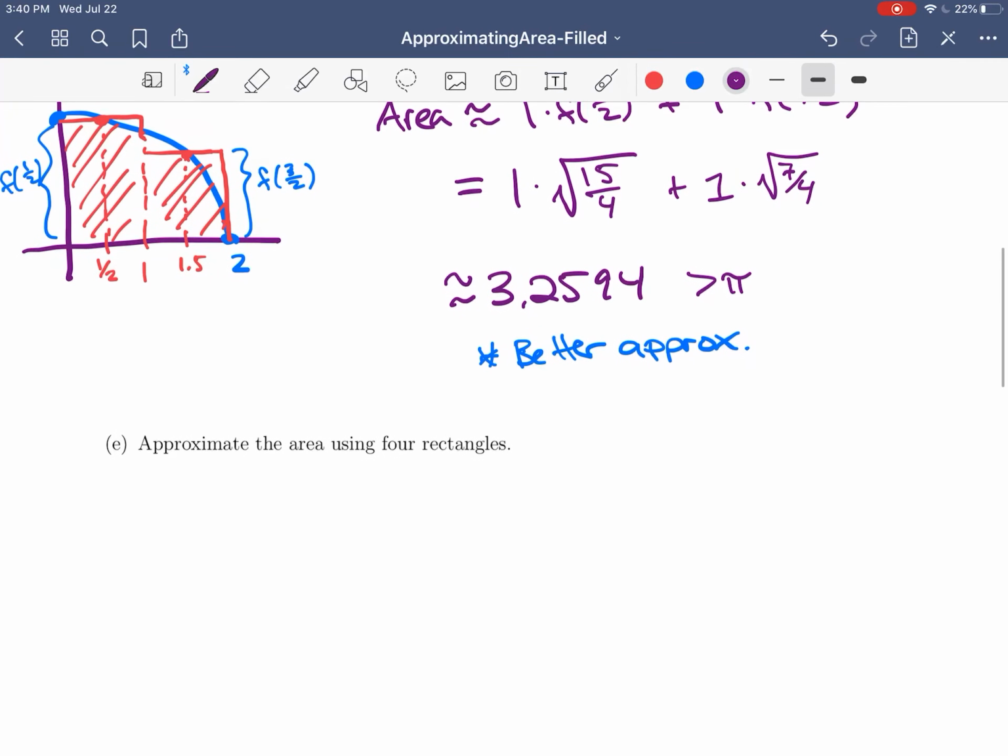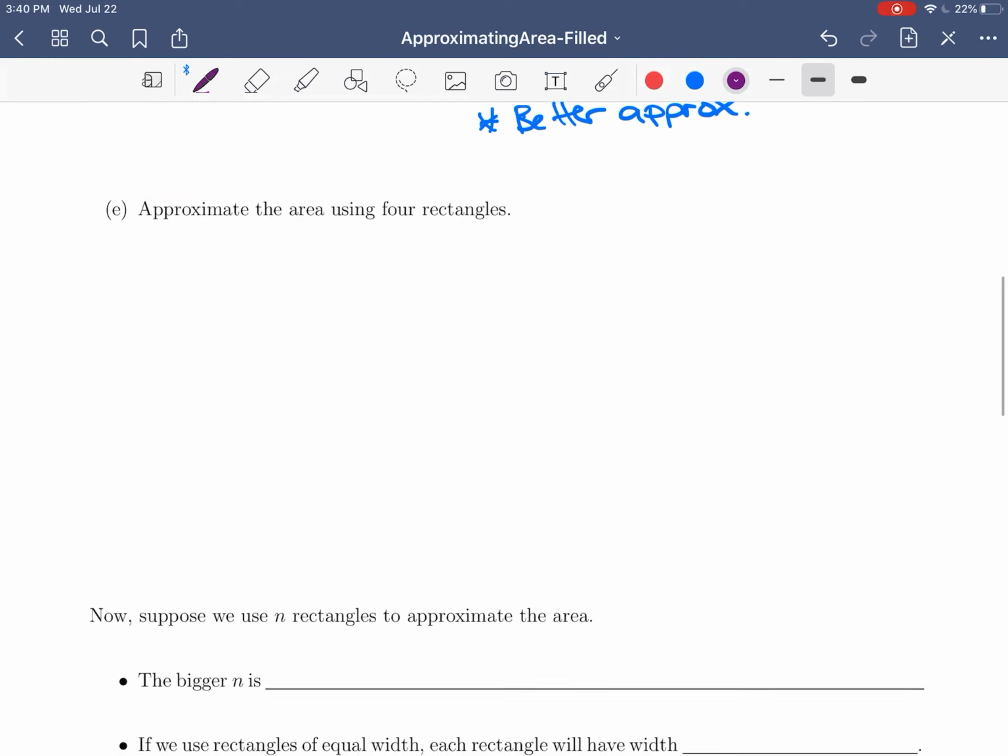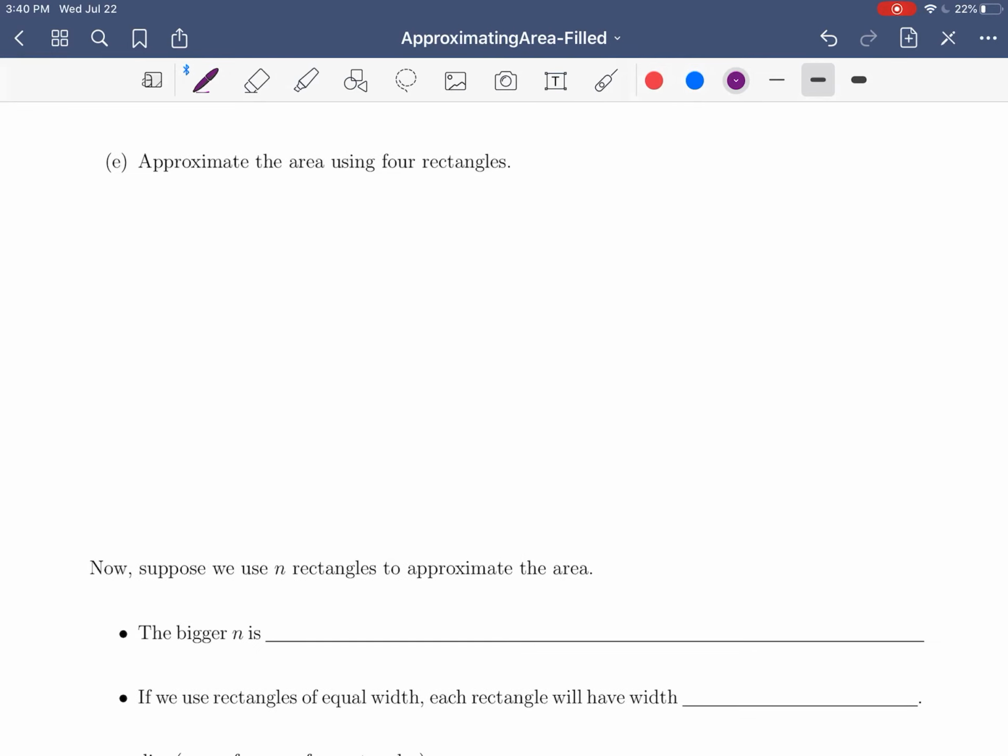Okay, now what about if we use 4, so more rectangles? So we could use 4. I'm just going to use the left endpoint because it's a bit easier, and it turns out that it doesn't actually matter. Because we're going to split into 4 rectangles, I'm going to split this into 4 pieces.